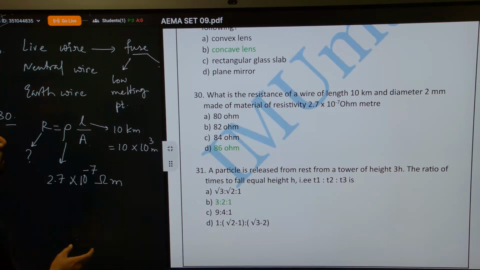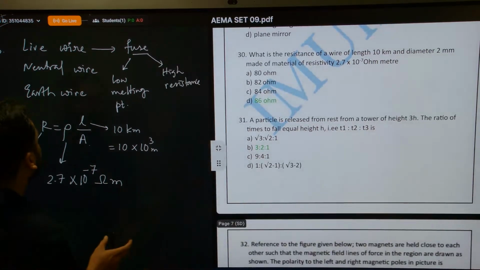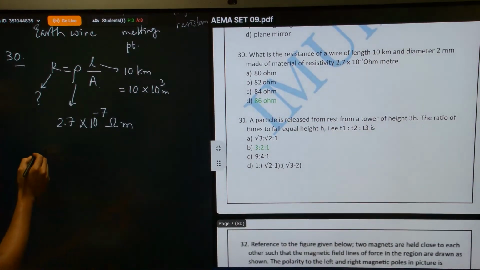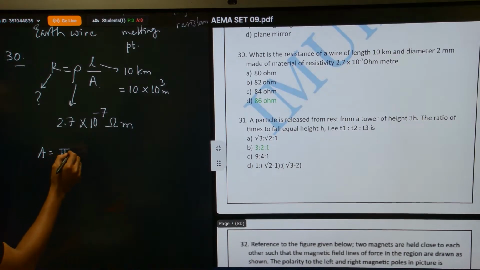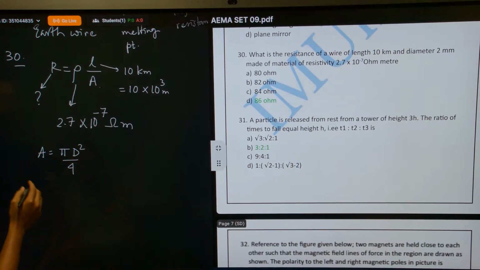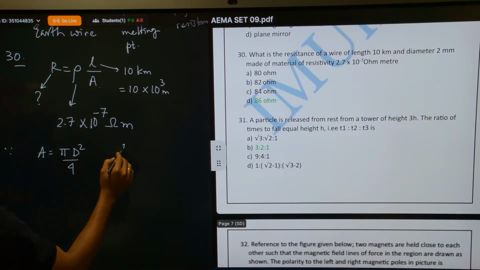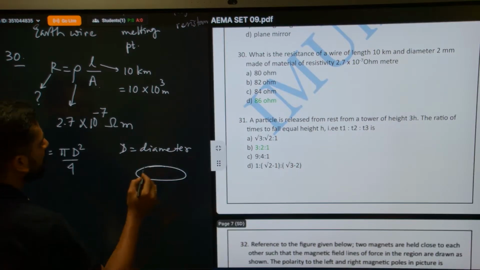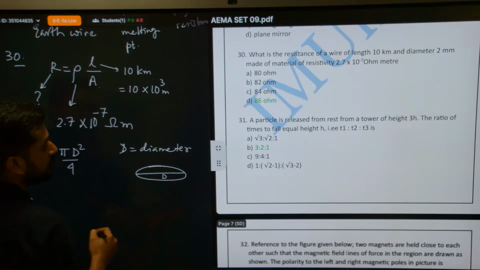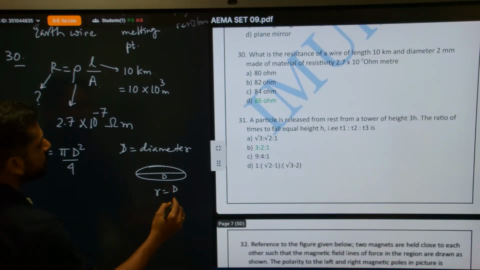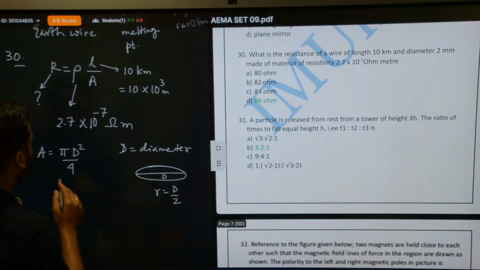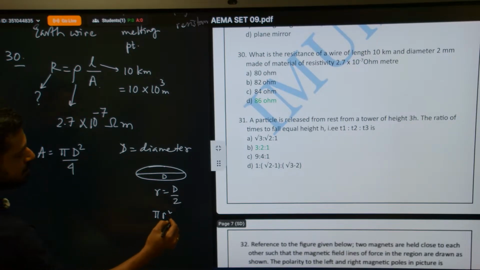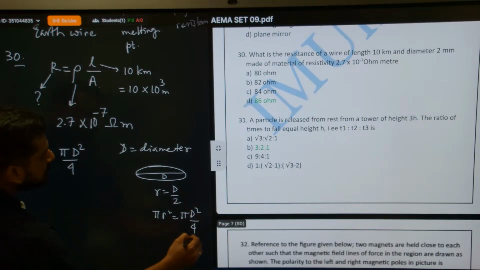Now for the area part, we will do it separately. Area means pi d square by 4, where d is the diameter. If this is the diameter d, then the radius is d by 2. So actually area means pi r square, which is pi d square by 4.